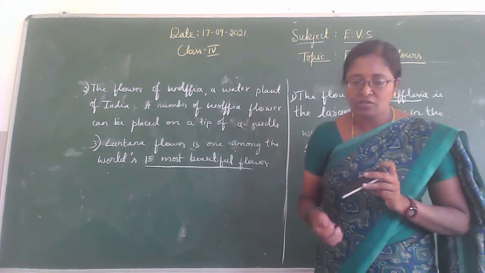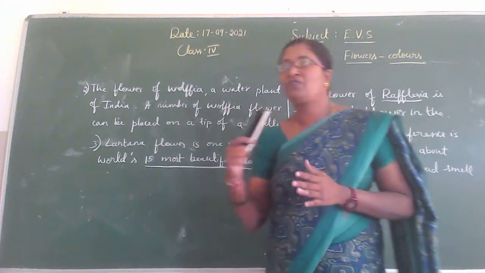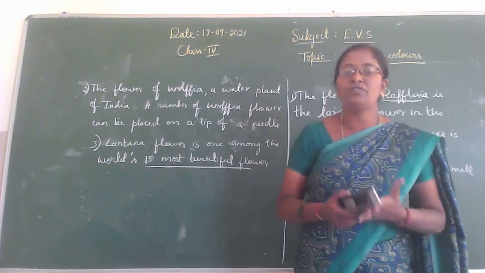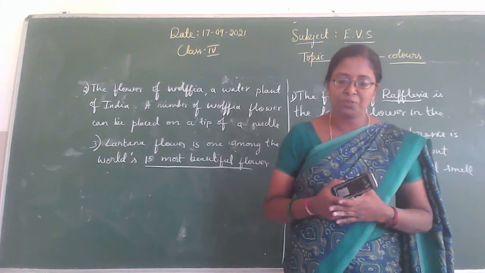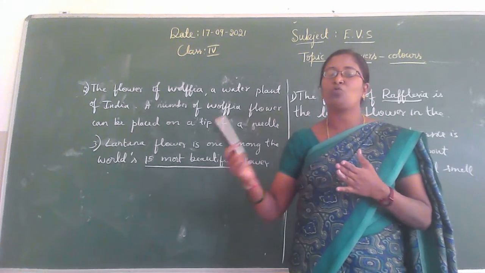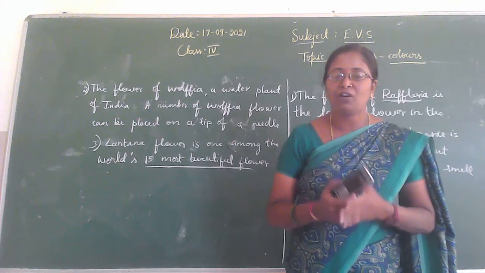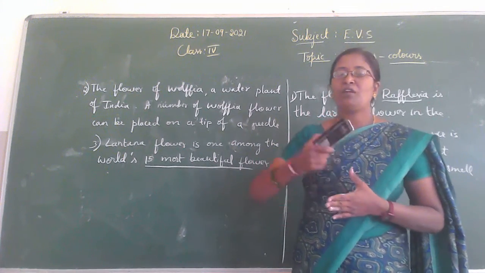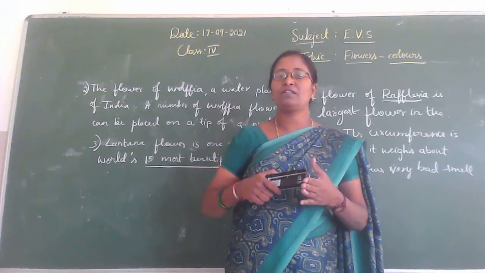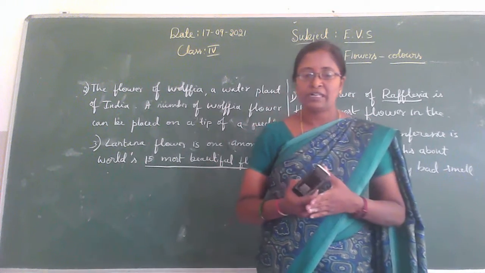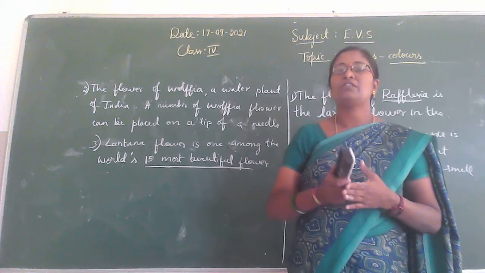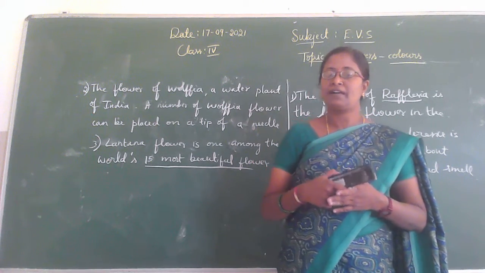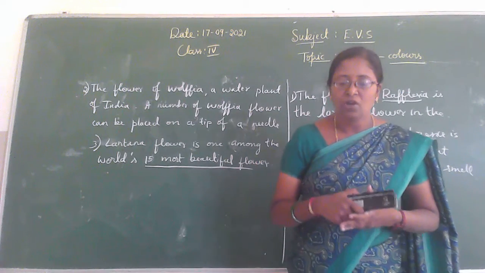Okay. So then, do you know about perfume, children? Perfumes are prepared using flowers, especially jasmine and rose flowers are used to prepare perfume. Is it? Not only perfumes are prepared from the rose. Some sweet is also prepared using rose petals. That sweet we call gulkan.